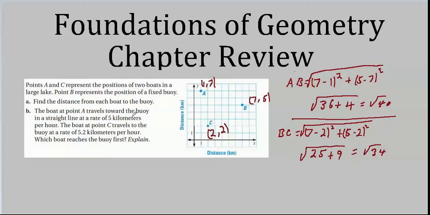So how long does it take? Well, remember, you take your distance, divide it by the speed, and that's how long it'll take. So let's see here, boat A would be square root of 40 divided by 5.